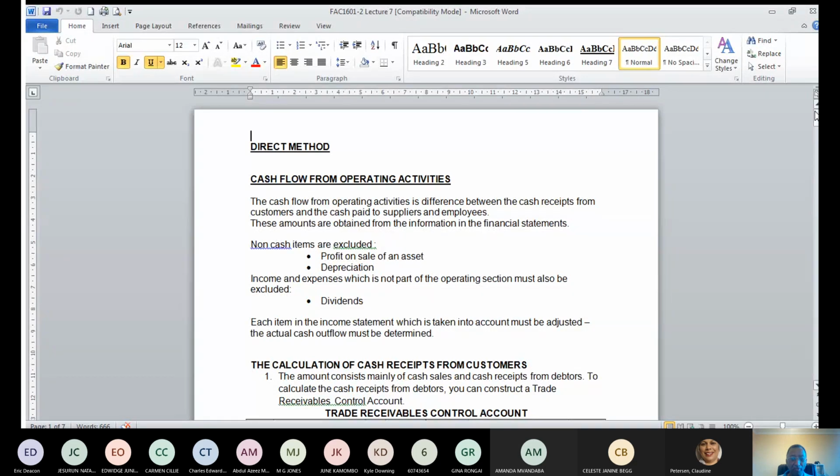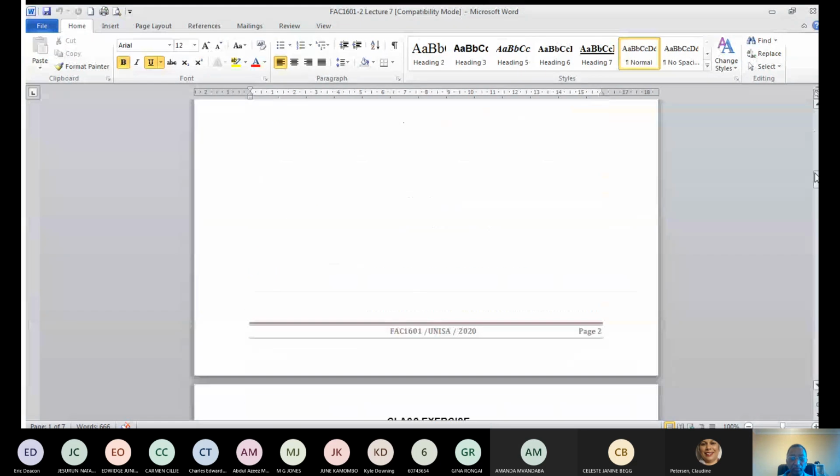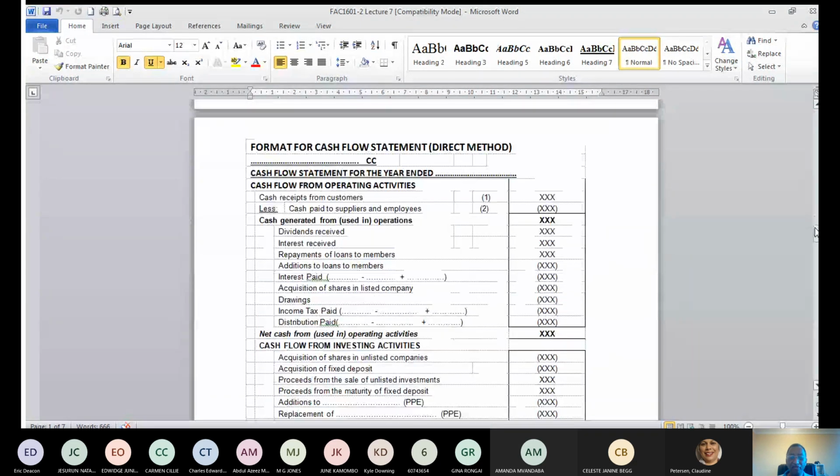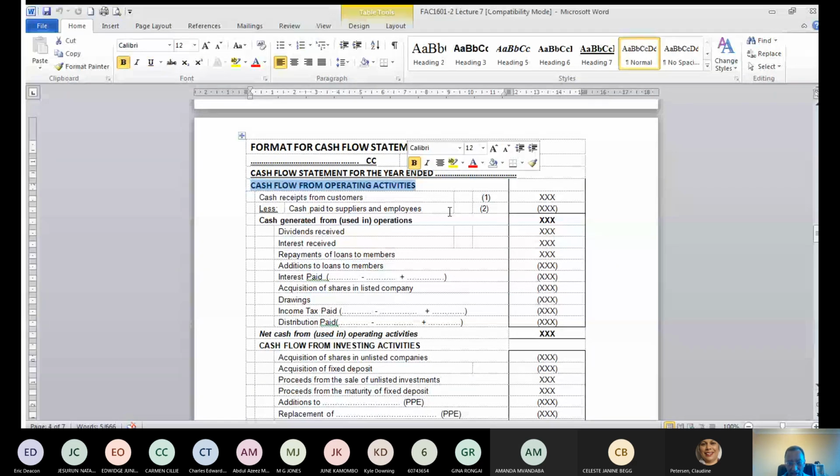As far as the format is concerned, if we want the cash flow from operating activities, we start off with two calculations first.